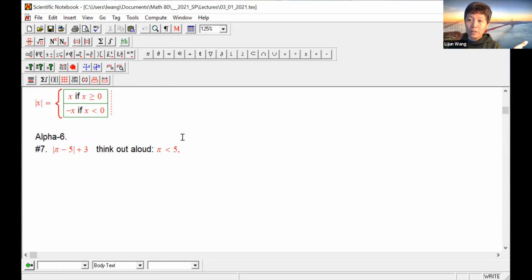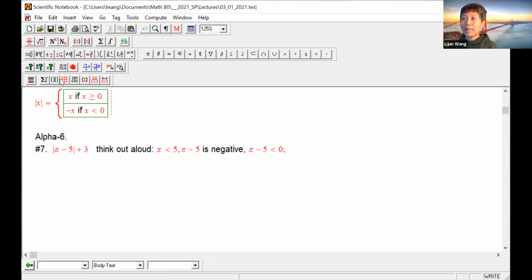Pi is less than 4, therefore it's less than 5, right? We're doing pi minus 5, therefore pi minus 5 is negative. Negative means it's less than 0.